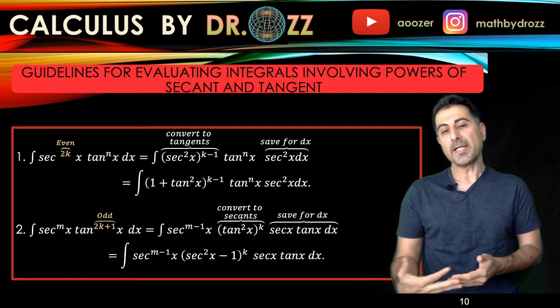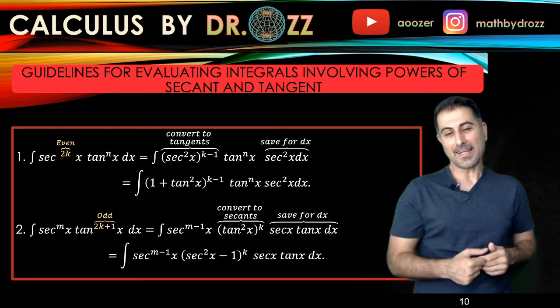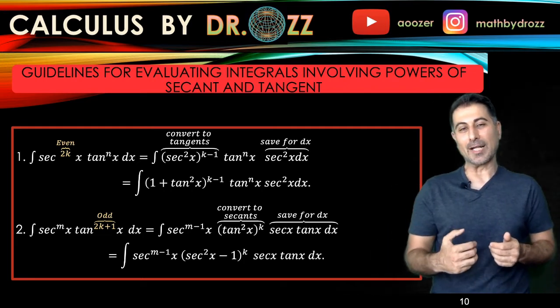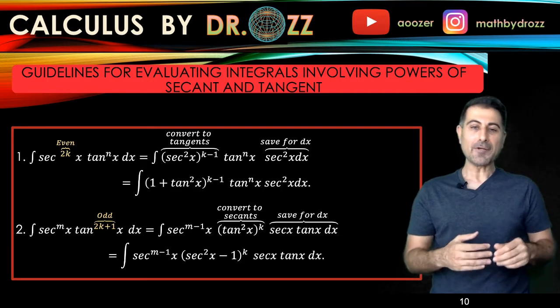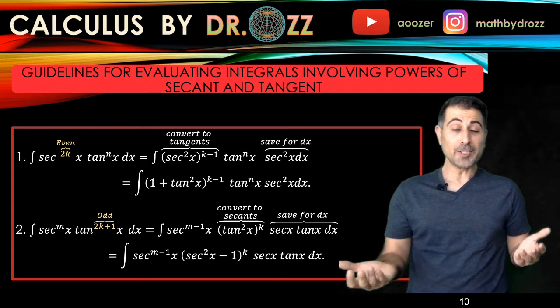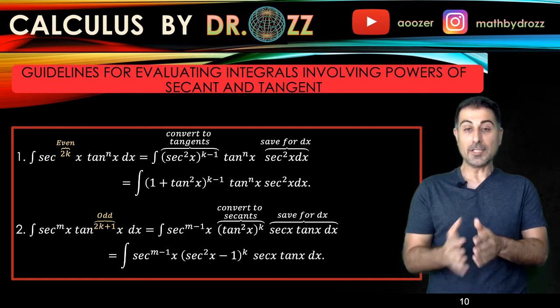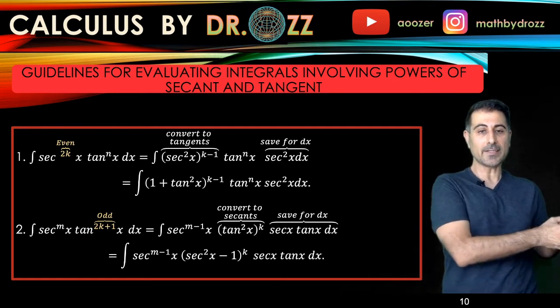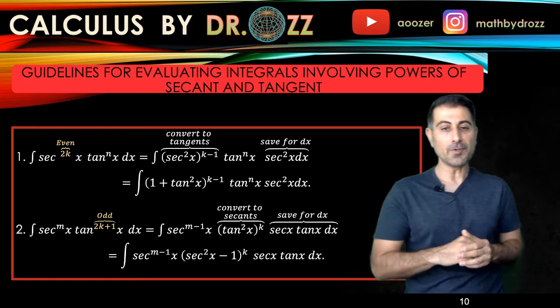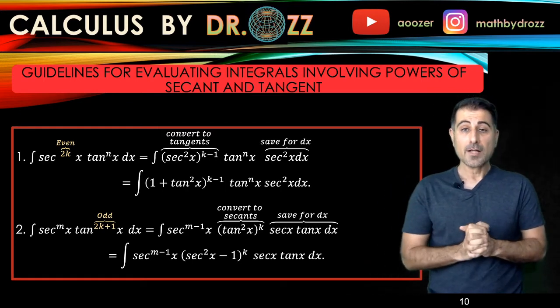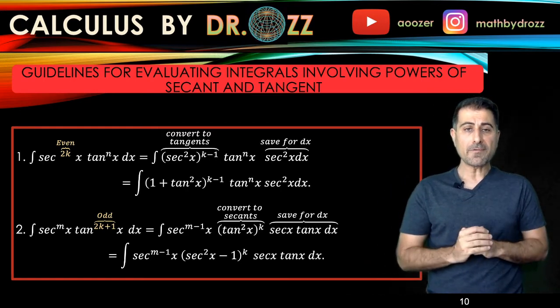The reason we had secant x tan x reserved for dx is that I'm going to use u substitution where u is secant x. How nice, because du is secant x tangent x dx, so that's exactly what we reserved for dx. Let me just show you a few more.